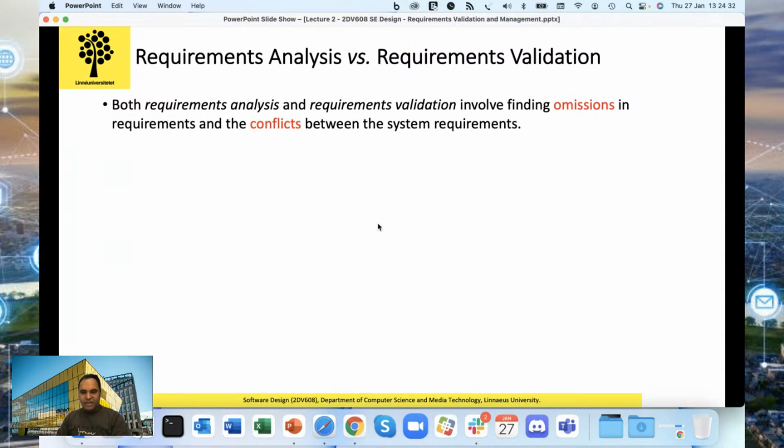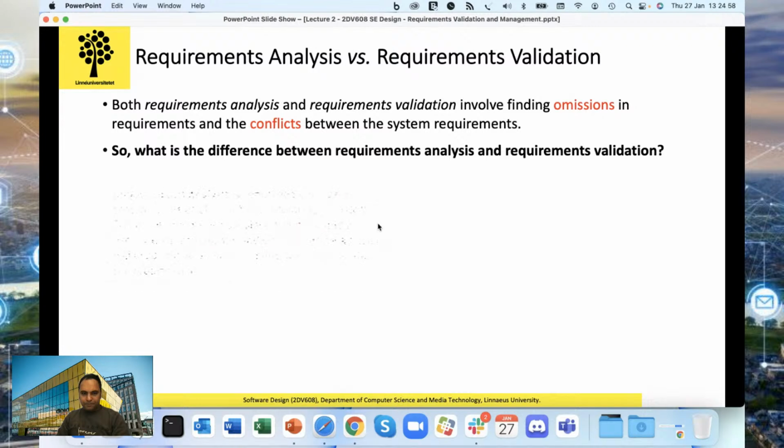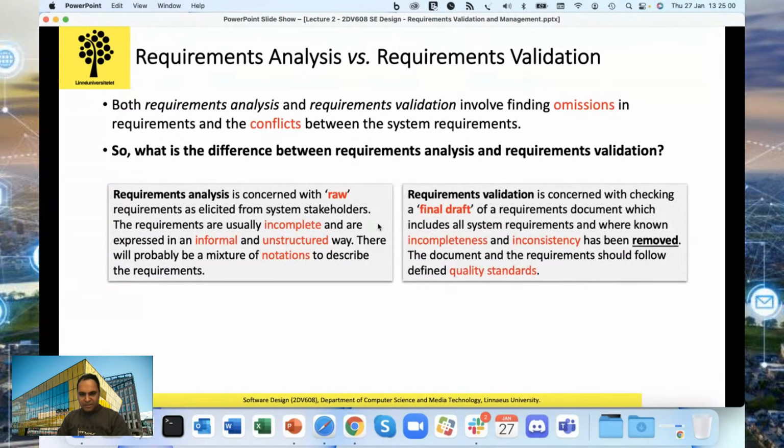But the requirements validation phase works based on the specified requirements, or on the requirements specification phase, and the outcome of the requirements specification phase can be more stable requirements, or requirements in different notations using graphical notations or any other form. So that is the main difference.